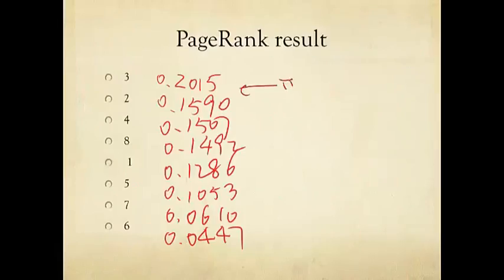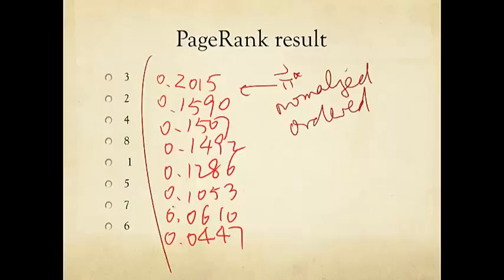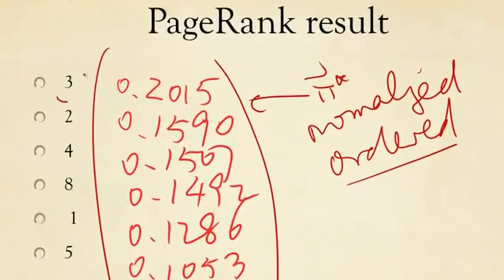This is the equilibrium pi vector for the 8 nodes. I have already ordered them, and I have already normalized them. So what you see here is normalized and ordered by the importance scores in descending order. So node 3 has the highest importance score and is therefore ranked number 1, followed by node 2, followed by node 4.